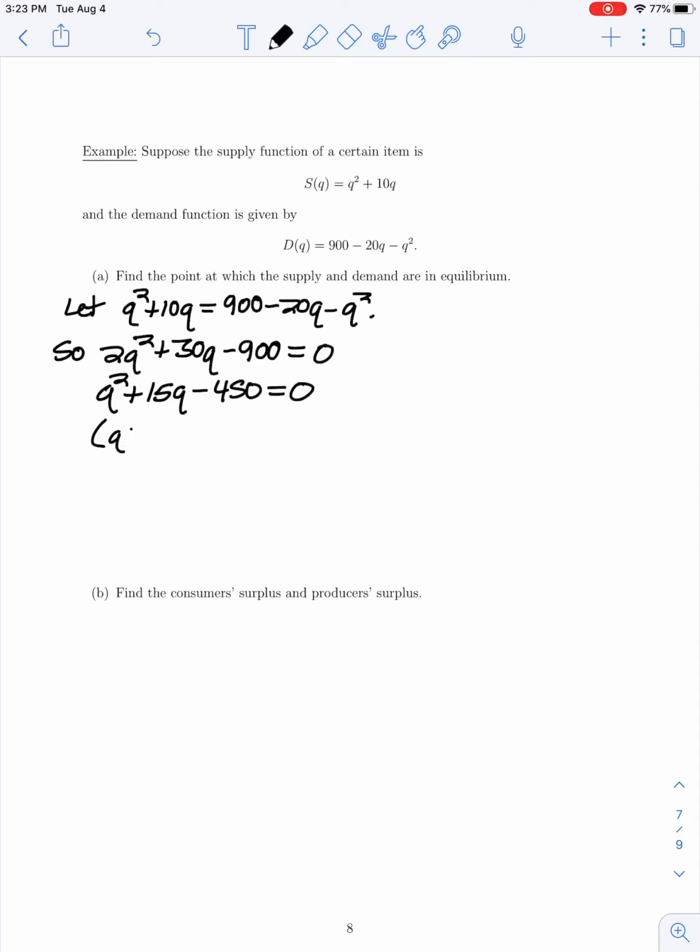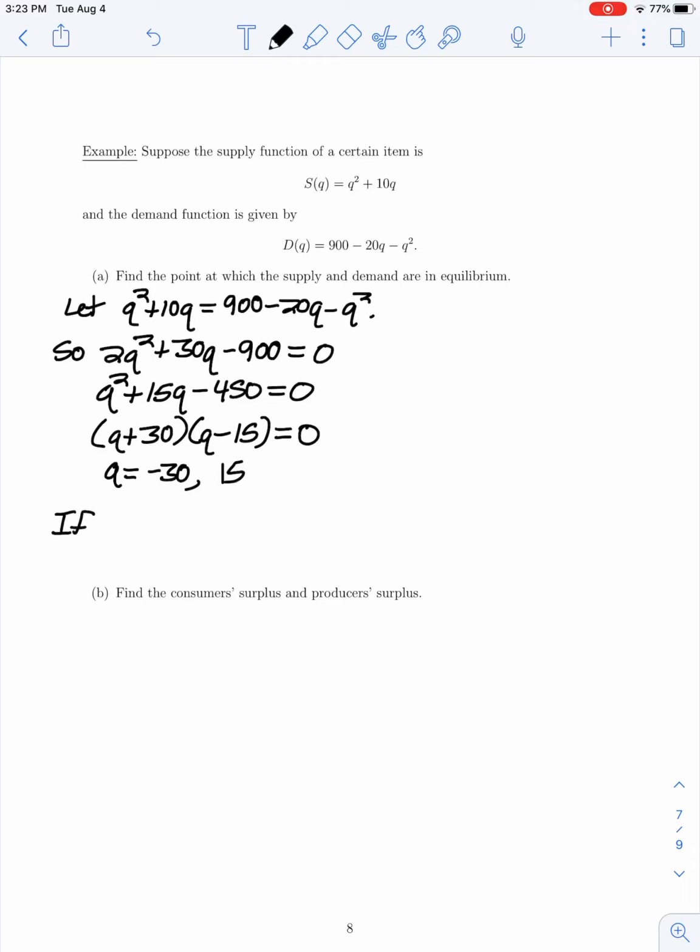And this quadratic can then be factored as Q plus 30 times Q minus 15 is 0. So we find that either Q is negative 30 or positive 15. It doesn't make sense for a quantity to be negative.